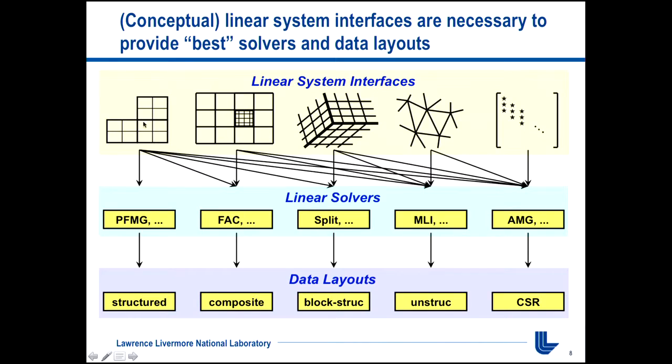The other thing that can happen if you have this additional information is you might be able to use a solver like this structured semicoarsening multigrid method that takes advantage of the fact that you have structure. Also, you might be able to store it differently and have more efficient computational kernels. Those are a couple of the benefits of having different ways of describing the linear system.